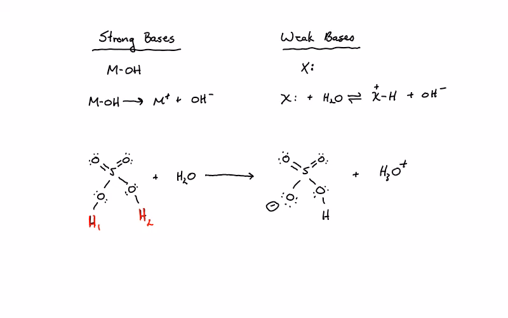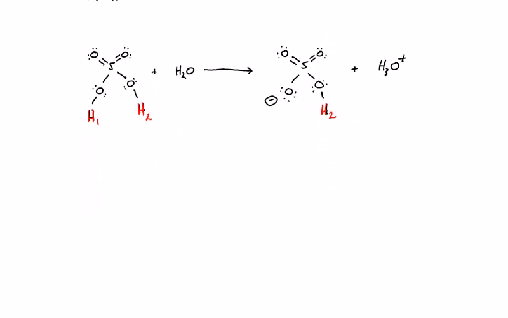Okay, so we're left with H2. And we can make a whole bunch of arguments for why that first proton should come off so easily. The second one, though, it takes a little bit more work.